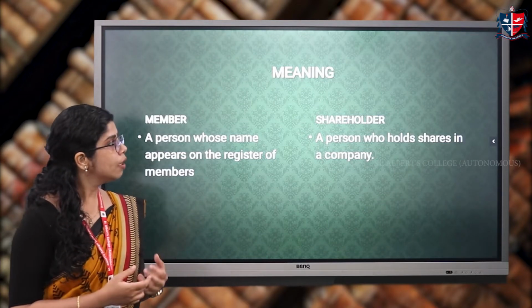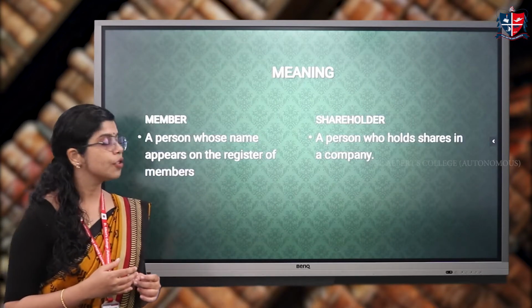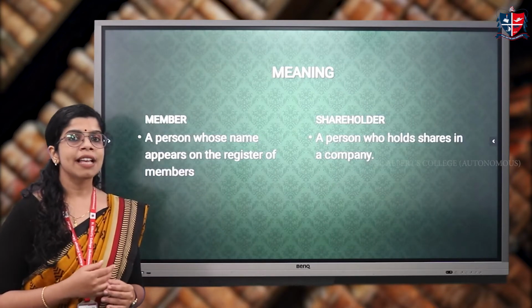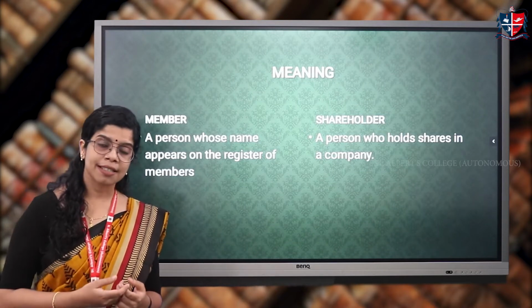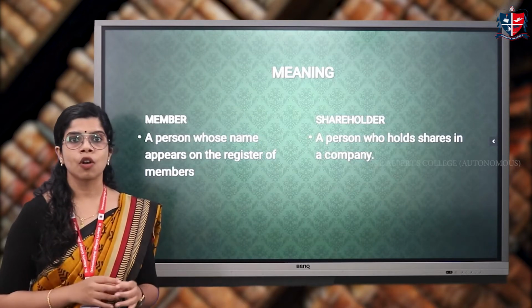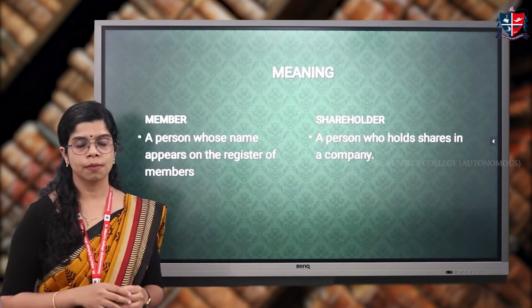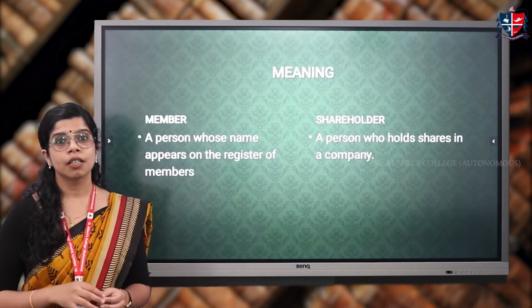A shareholder is, just as the name suggests, a person who holds shares in a company. As far as a company having share capital is concerned, member and shareholder become kind of synonymous. There's not much difference between the two.